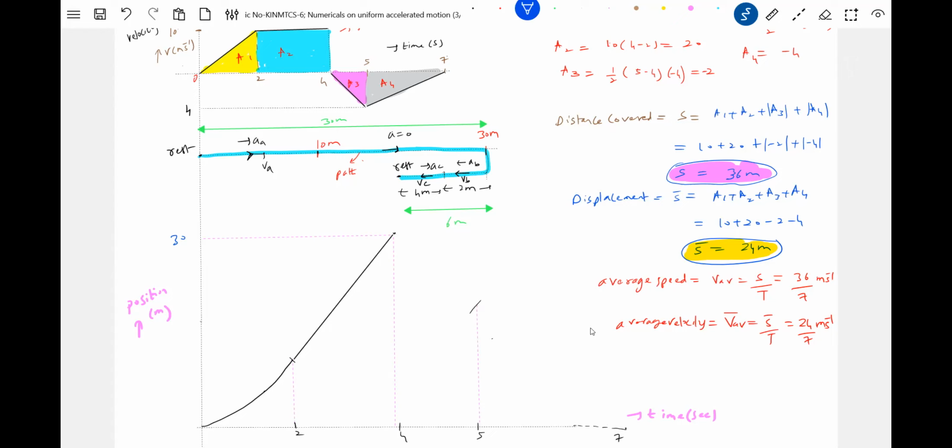This is a slight change. So the final. Now where I should indicate this should be the 24 meter. Because finally it is at a distance of 24 meter from the origin.